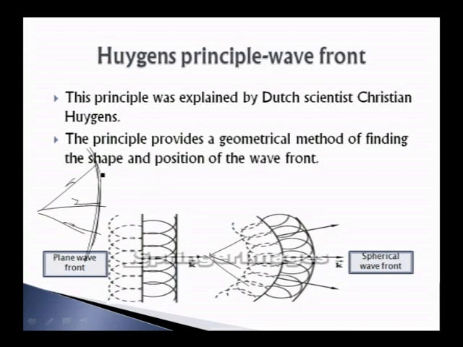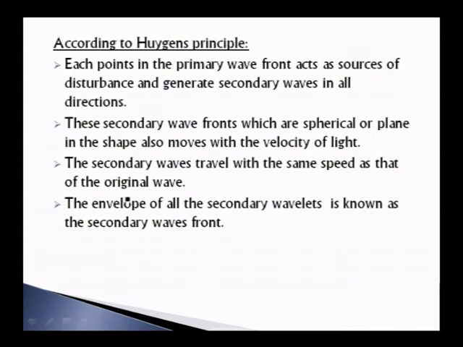As a result, from here it can again produce secondary wavelets, and collectively all these wavelets form what is called the secondary wavefront. This is the principle given by Huygens.